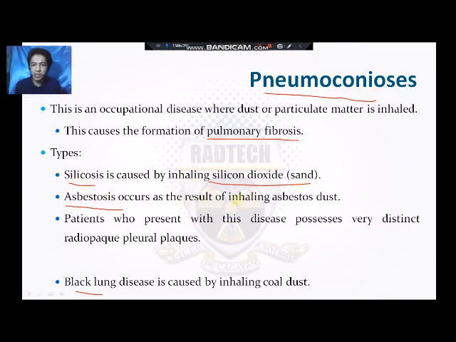Asbestosis is a result of inhaling asbestos dust, and patients present with very distinct radiopaque pleural plaques. Black lung disease is caused by inhaling coal dust. Basically, pneumoconiosis is fibrosis of the lung tissues caused by inhalation of different particulates or matter.